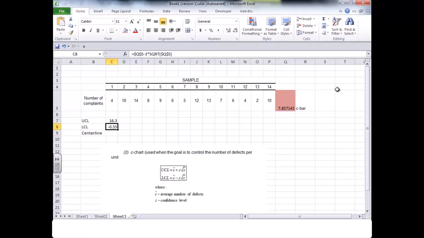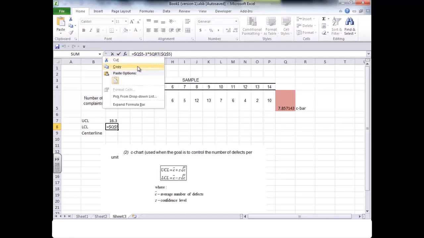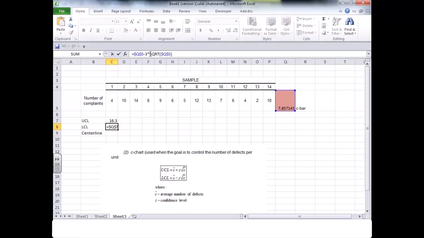And once again, we're talking about the number of occurrences per time interval, so the minimum value should be 0. So we can edit this formula to include the if statement. If the LCL is less than 0, ask Excel to return 0, else compute the lower control limit.